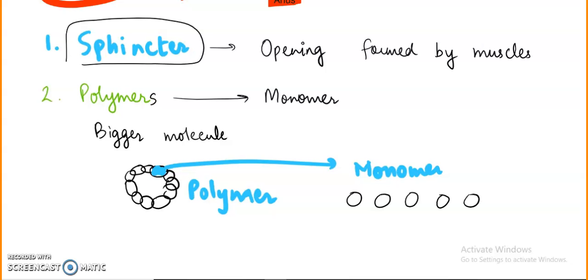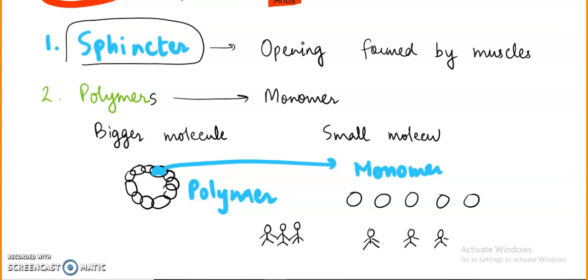If you are 10 friends standing side by side holding hands, then you are an example of a polymer. But if you are standing separately, then you are an example of monomers. So a polymer is a bigger molecule and a monomer is a small molecule.